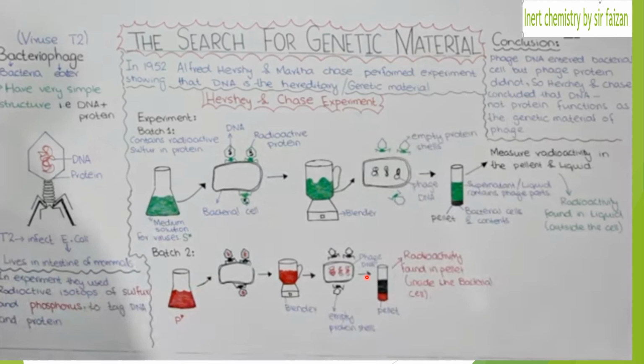When they centrifuge this material, again the heavy bacterial cells form a pellet, and the lighter viral particles come in the supernatant. And again they measure the radioactivity, and they found radioactivity in the lower pellet and not in the upper supernatant.